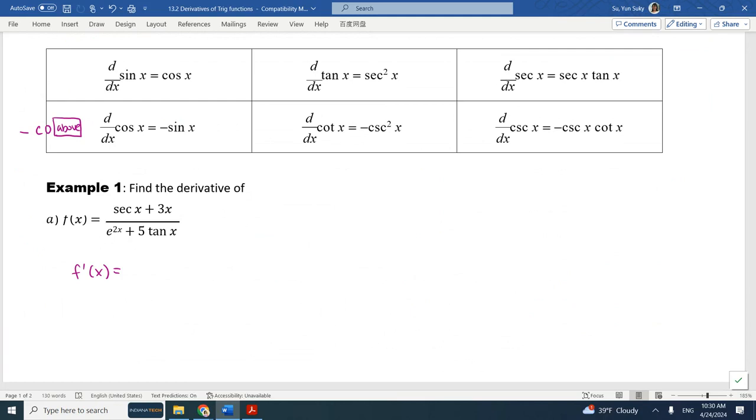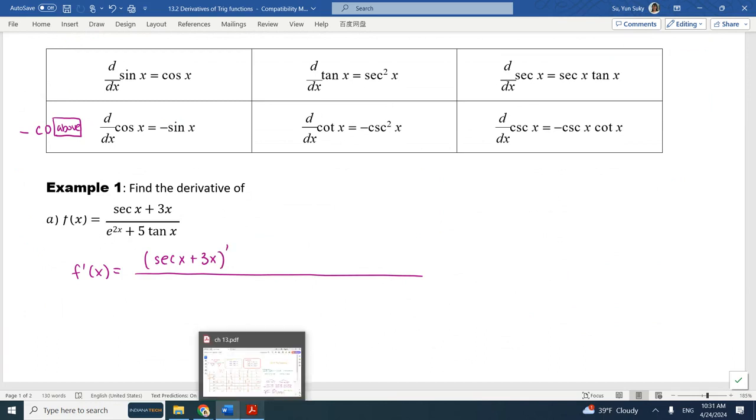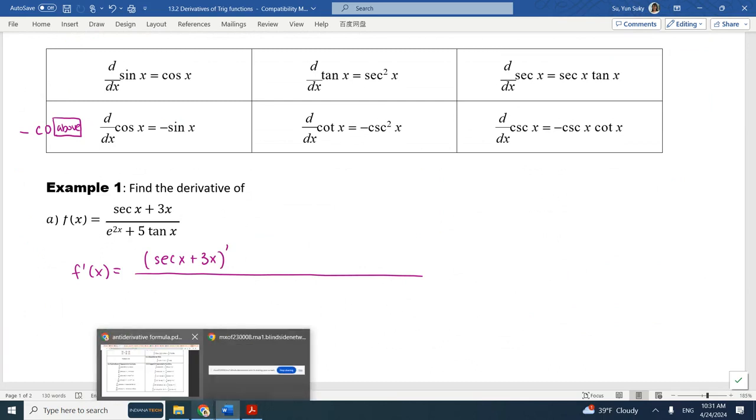Let's write down quotient rule. So let's do one thing in one step. So don't jump steps. It's very easy to make mistakes. So we have the top. Quotient rule is the top prime. Yeah, everybody? What was quotient rule? Do you still remember?